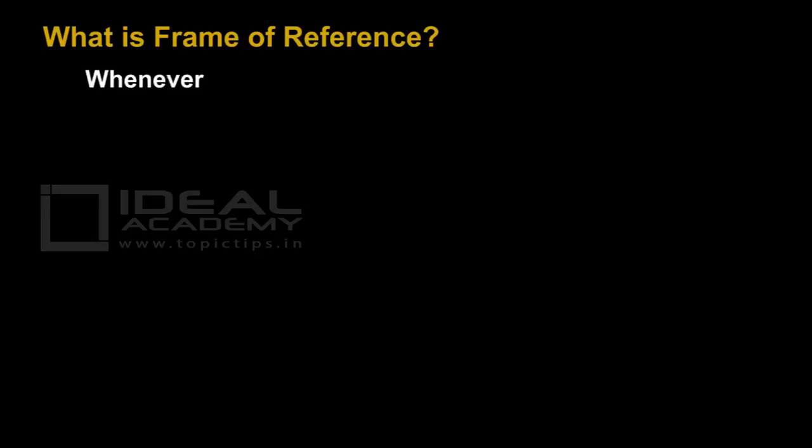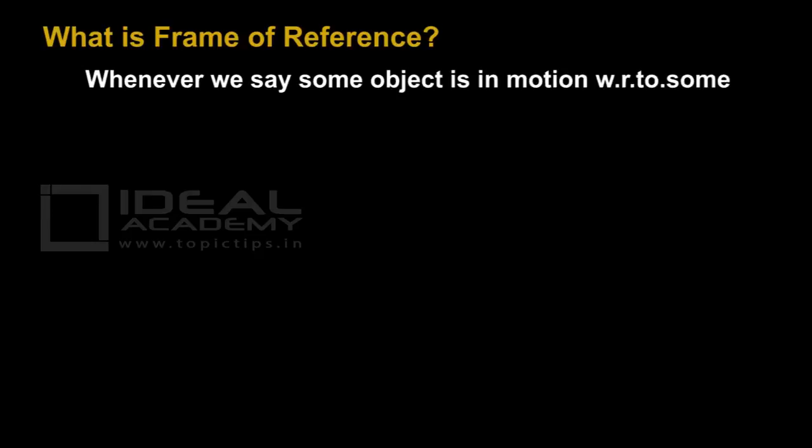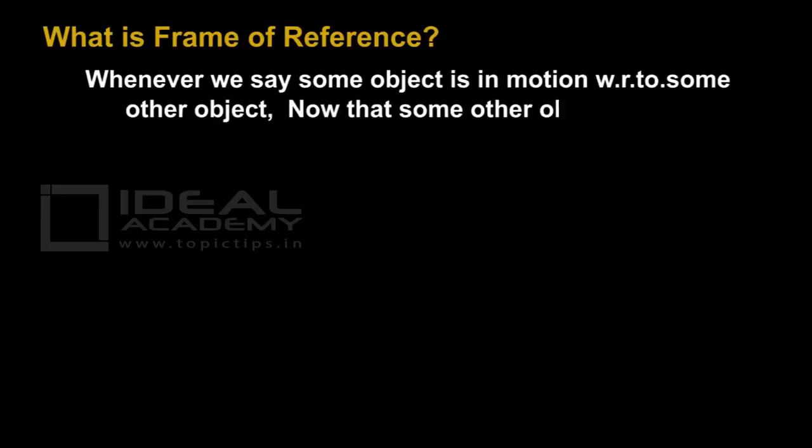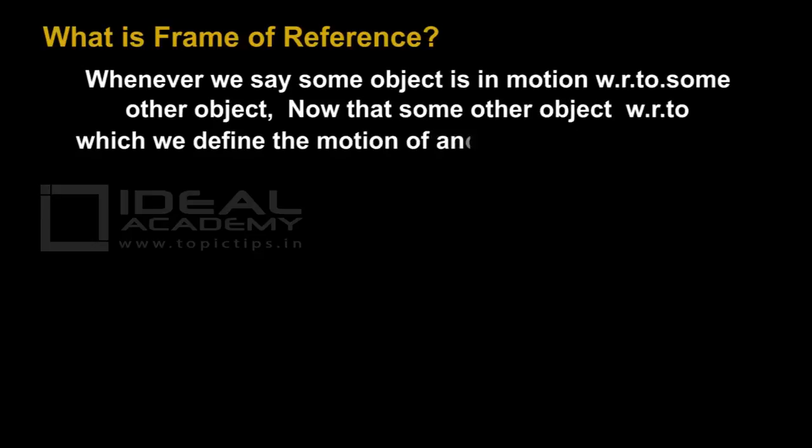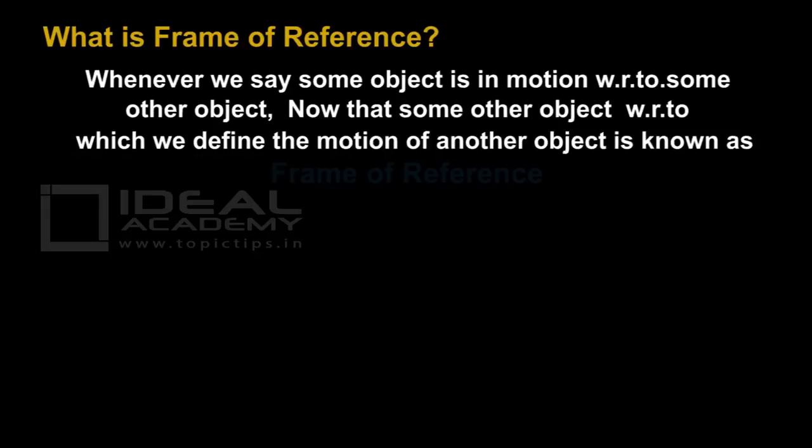Whenever we say some object is in motion with respect to some other object, that other object with respect to which we define the motion of another object is known as frame of reference. That means the motion of any object is described by comparing it with another object, did you understand? This other object is the frame of reference.